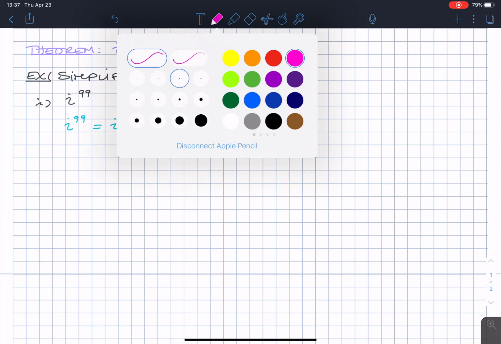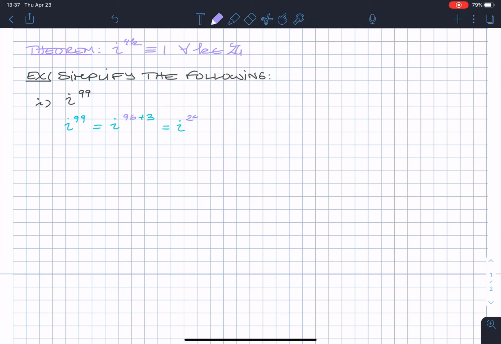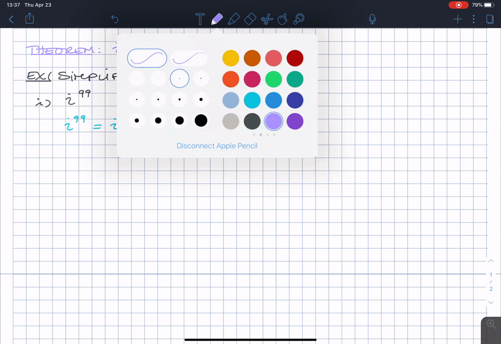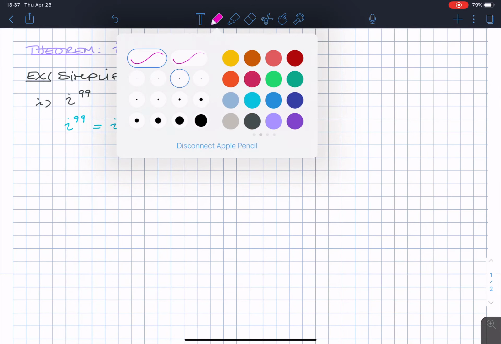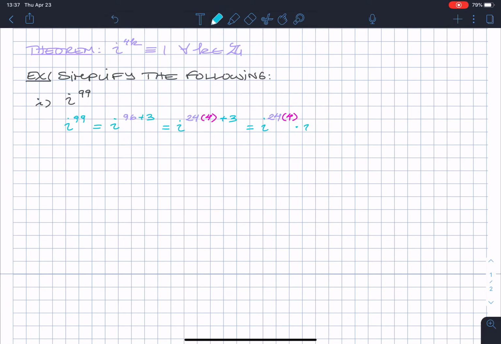So 24 times 4 gives me 96 plus 3. So now I can break this up using properties of exponents. I can write this as i to the 24 times 4 times i cubed, because that's how we add the exponents if the base is the same.